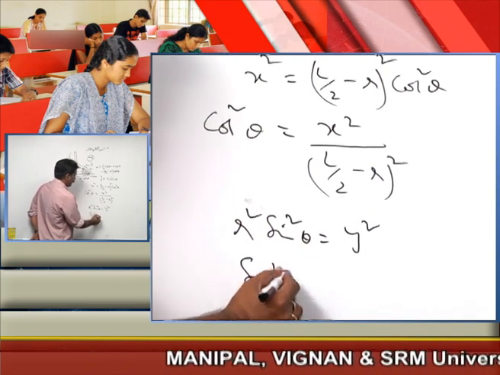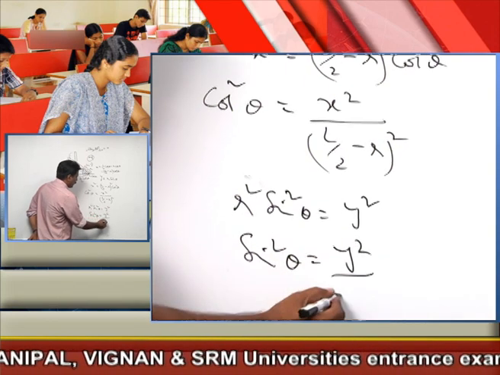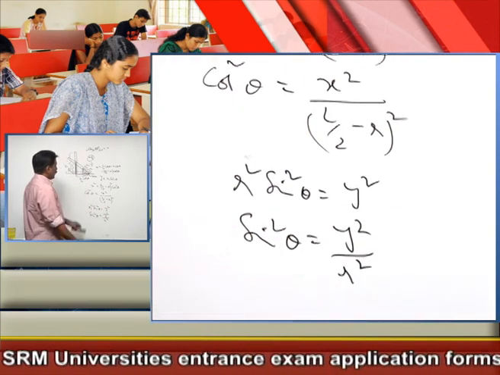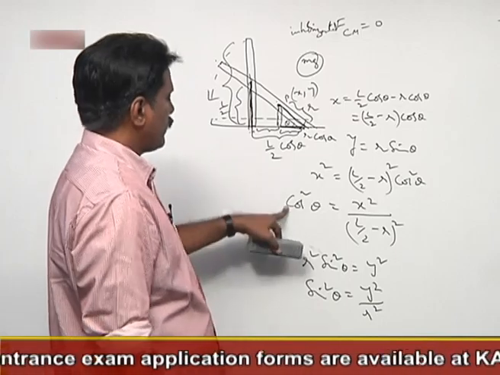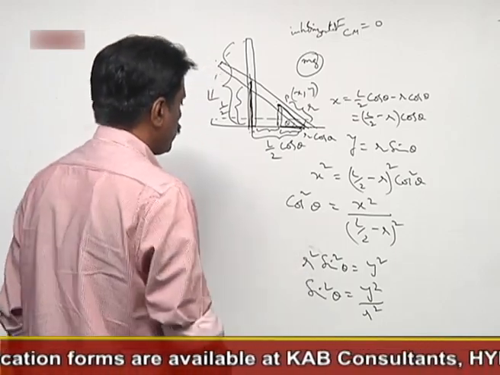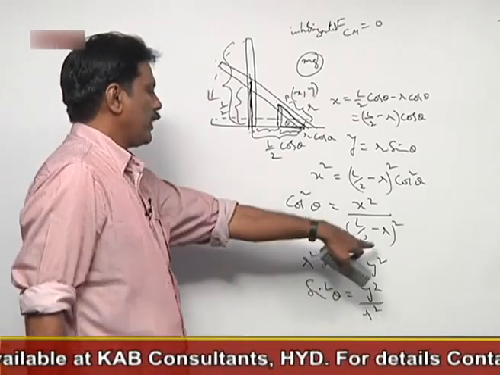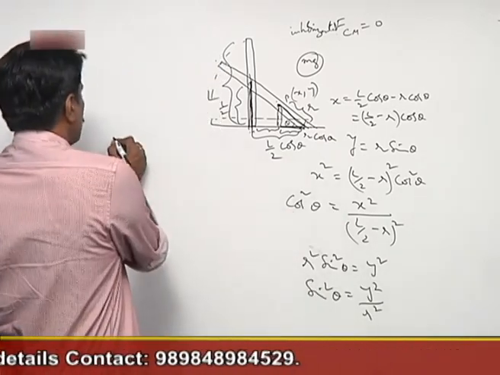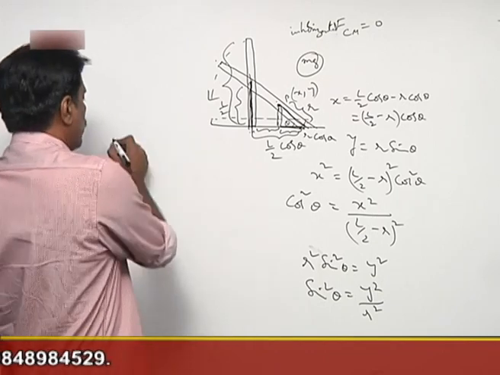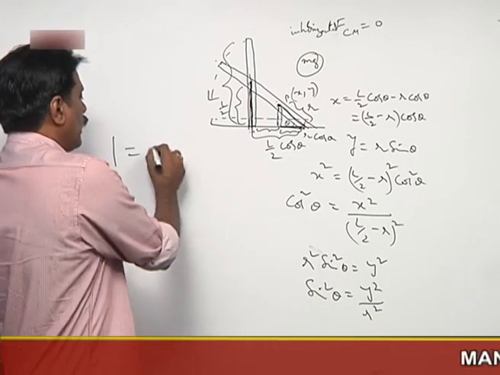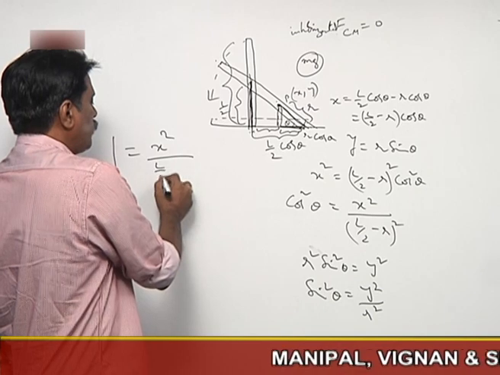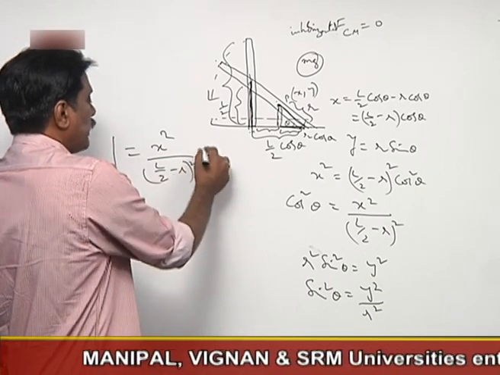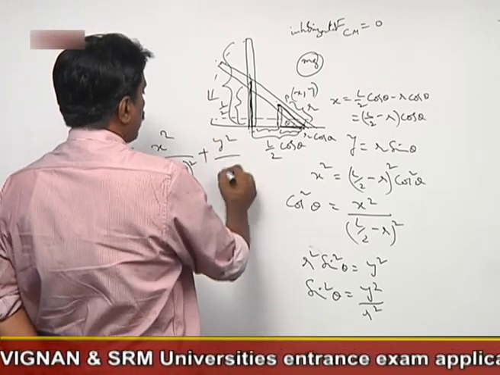So, sin square theta is equal to y square by r square. Now, add these two. Cos square theta plus sin square theta, which is 1, is equal to x square by L by 2 minus r whole square plus y square by r square.